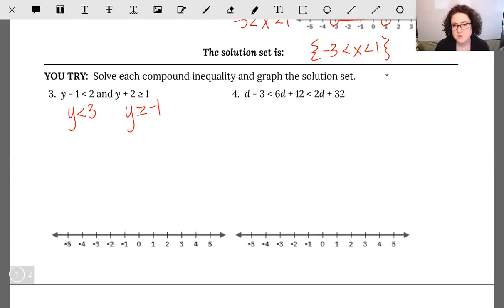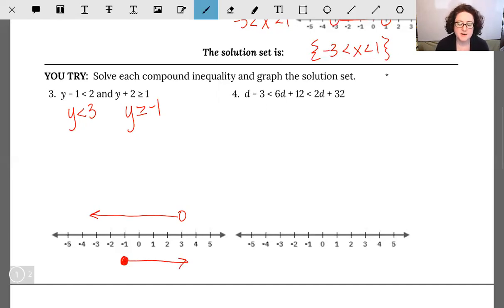So here's another trick. I didn't give you 3 graphs to use on this one. So what I like to do is maybe draw one above, one below, and then the answer I can put on the number line. So one is y is less than 3. I've got an open circle going to the left. Then I have y is greater than or equal to -1, which will be a closed circle going to the right.